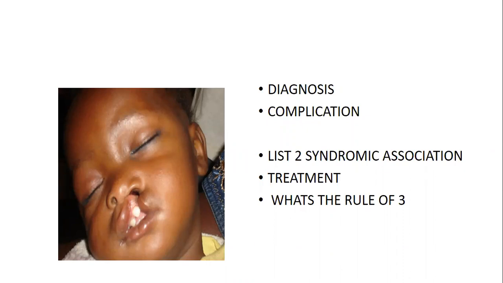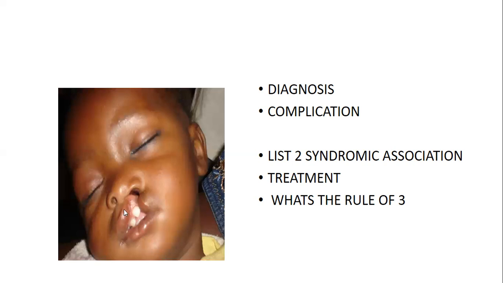List 2 syndromic associations that one may see with this condition. Now I'll help you. All the trisomies that you know, trisomy 13, trisomy 18, trisomy 21, they can all come with this. Others are Van der Woude syndrome, which you may not need, but just the trisomy 21, 18, and 13 are associated with this one. So what's the treatment for this?